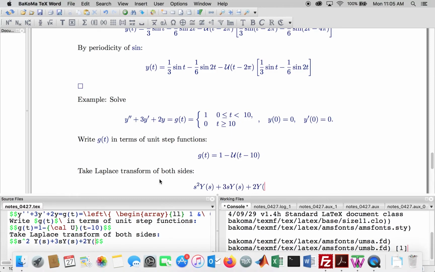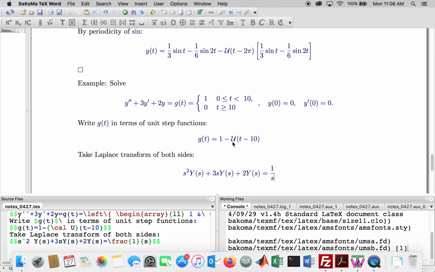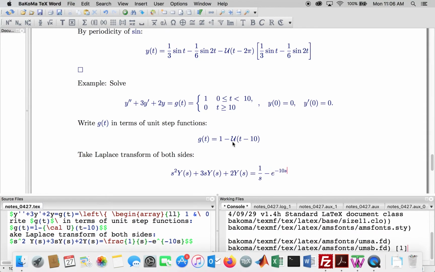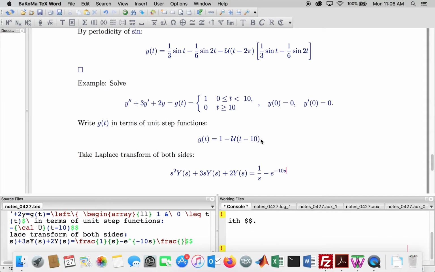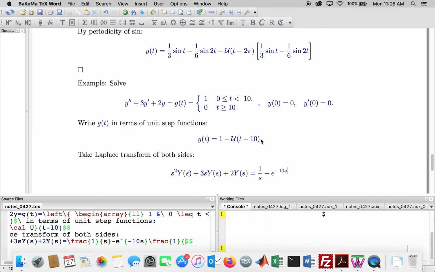And then 2Y of s is equal to the Laplace transform of this function, which is 1 over s for the 1. And then for this part, because of the unit step function, we have e to the minus 10s times whatever function is being multiplied by, which is 1. We transform that, that gives us, again, 1 over s.